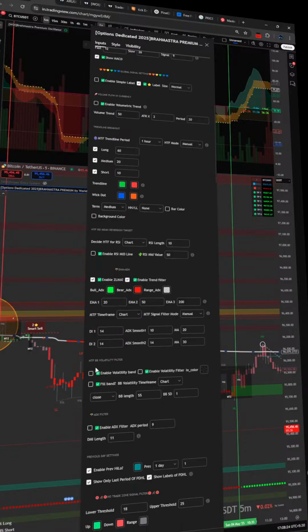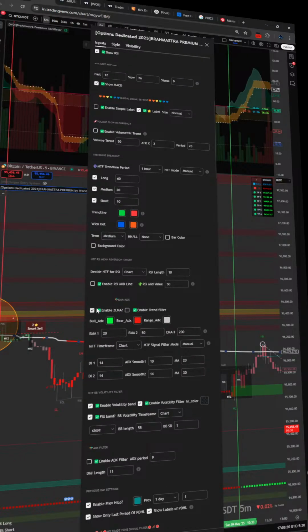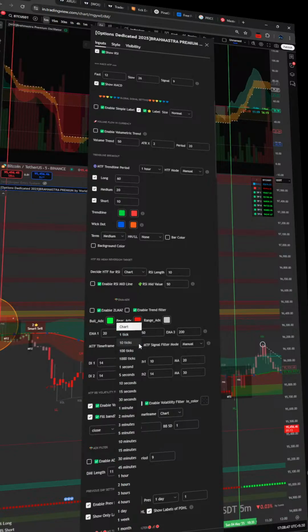We have a multi time frame Bollinger Band for volatility. Let me check this. Let me disable this. Currently we are on the 5-minute chart, and if we want to ignore signals, we can use a higher time frame.